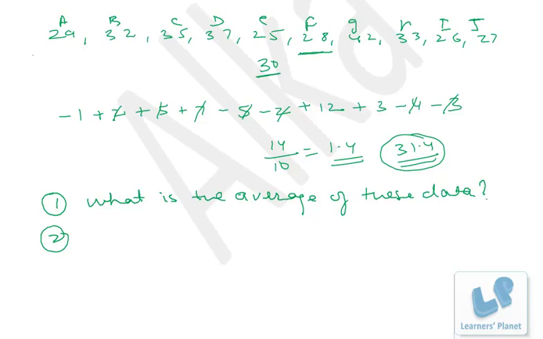Or suppose these 10 are the sales of this unit. Maybe A is 29 units, B is 39 units, C is 35 units. So what is the contribution of F in percentage among all? That means precisely what you have to do: 28 divided by all these numbers, that is 29 plus 32 till 27, into 100. That means you have to find what percent 28 is of the total.